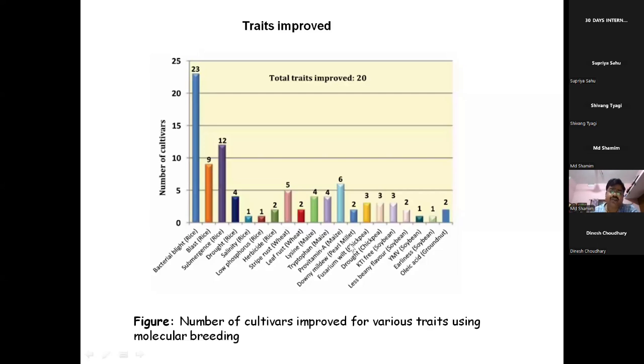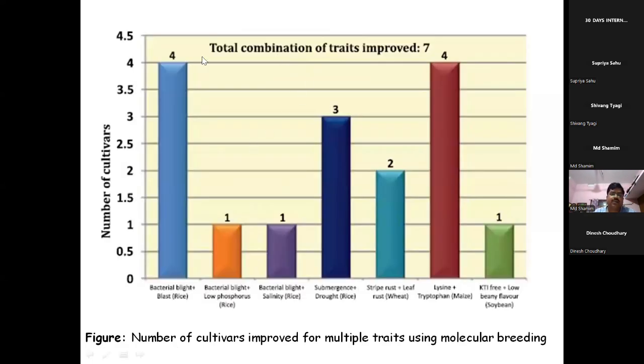Then wheat, maize, pearl millet, chickpea, soybean. So far, 20 different varieties have been developed with the help of molecular marker or marker assisted breeding methods for different traits. This is the combination number of cultivars improved on multiple traits by using molecular breeding. Then bacterial blight plus blast, 4 different genotypes for rice, bacterial blight plus low phosphorus 1, bacterial blight plus salinity in rice, one variety.